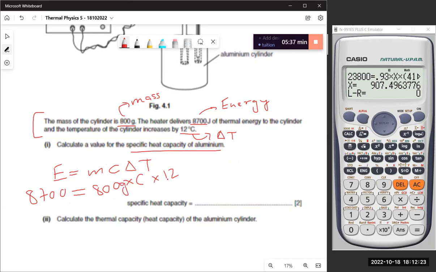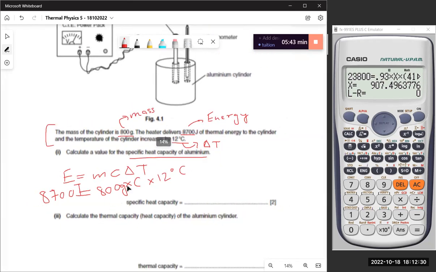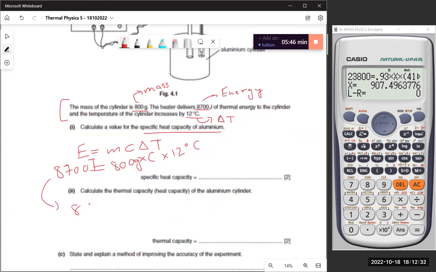Fine. So we'll call this grams, this is the delta in degrees Celsius, and this will be joules. Now, if I have to solve this, I'll say 8,700 joules divided by 800 grams into 12 degrees Celsius. The final answer will be what?